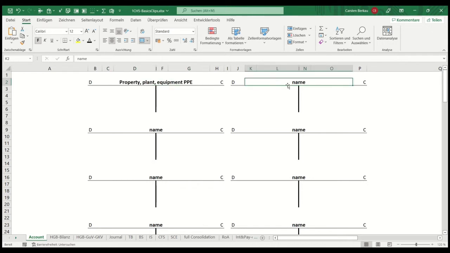For the contra entry, we apply the cash bank account. The bookkeeping entry is debit entry PPE, credit entry cash bank.